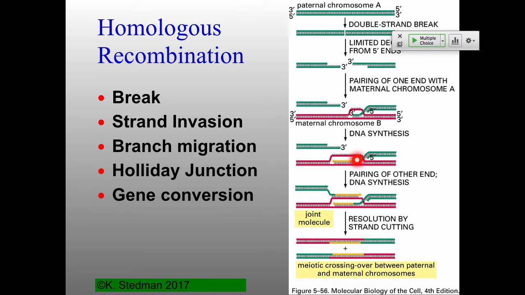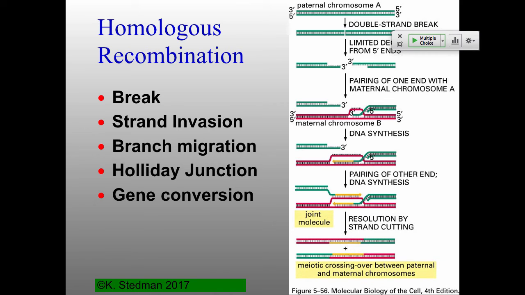Now you've got a primer and a template. This can be extended. Soon as the D-loop gets long enough, it can now base pair with this other 3' tail. That can then get extended. These pieces get ligated to each other, and magic occurs. We'll talk about that magic.